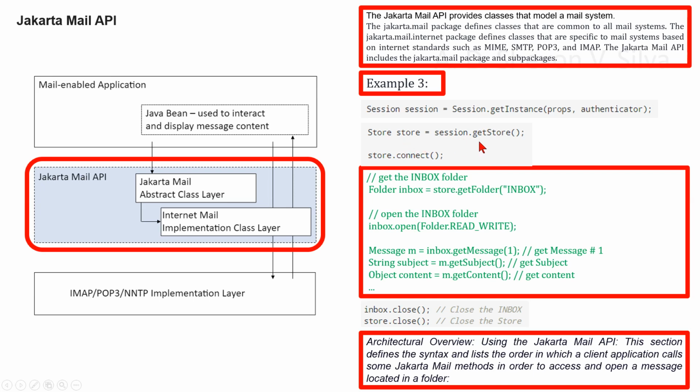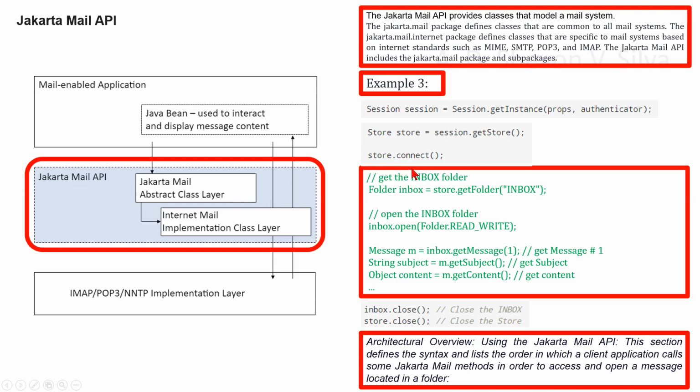The getStore method returns a store object class that supports the access protocol defined in the user properties object, which will typically contain per-user preferences. If the connection is successful, then this is step 3.